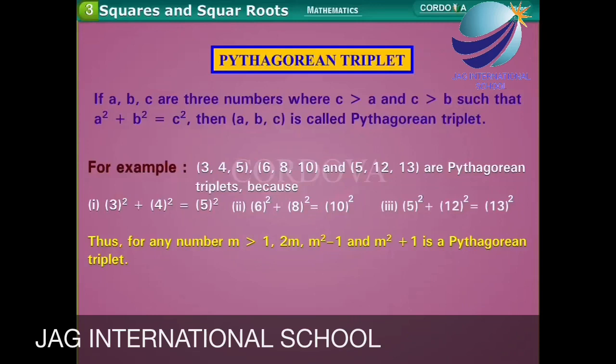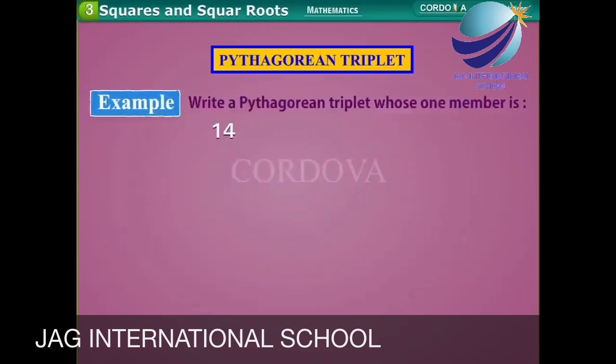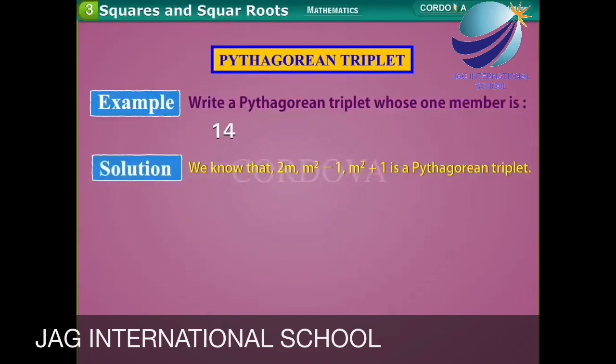Thus, for any number m greater than 1, 2m, m squared minus 1 and m squared plus 1 is a Pythagorean triplet. Example: write a Pythagorean triplet whose one number is 14. Solution: we know that 2m, m squared minus 1, m squared plus 1 is a Pythagorean triplet.